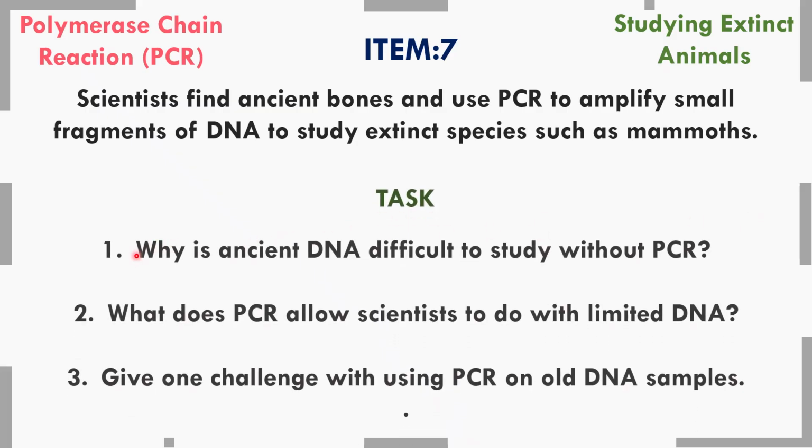Task: why is ancient DNA difficult to study without PCR? What does PCR allow scientists to do with limited DNA? Give one challenge with using PCR on an old DNA sample.